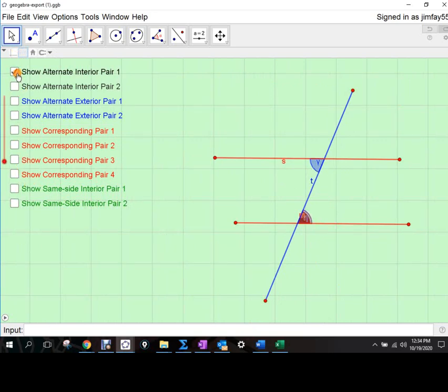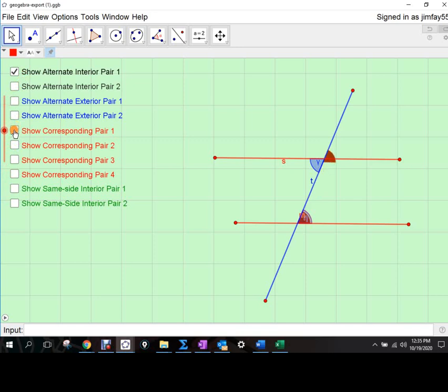Here's one set of alternate interior. And the proof that we just went through essentially did this. It took that angle and moved it there, and then rotates it through, and what do we see? They're congruent, right? Does that make sense?